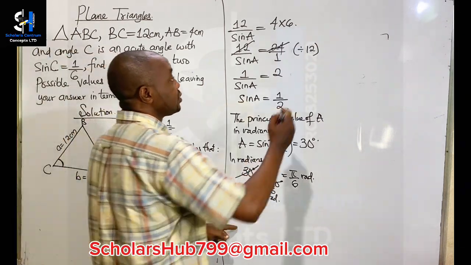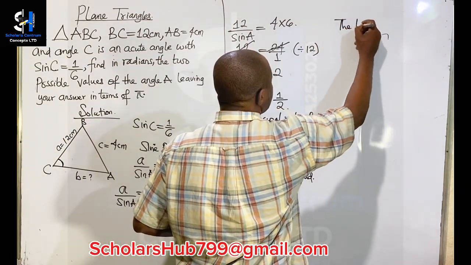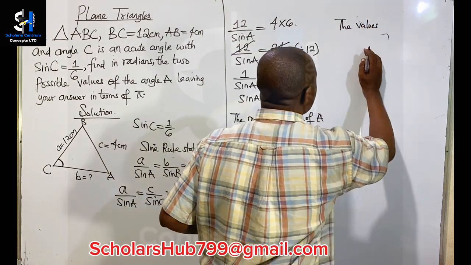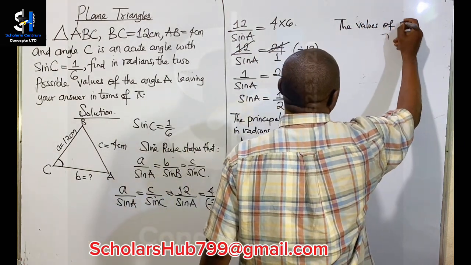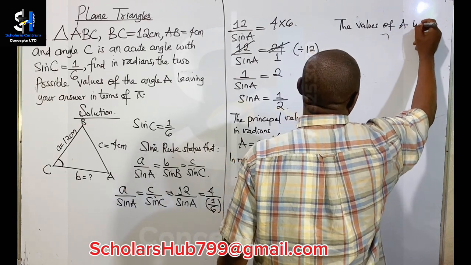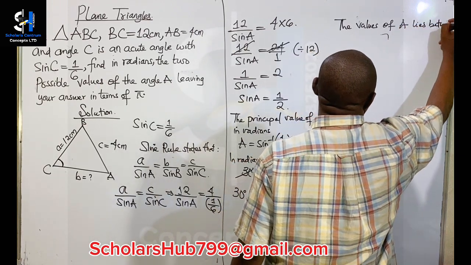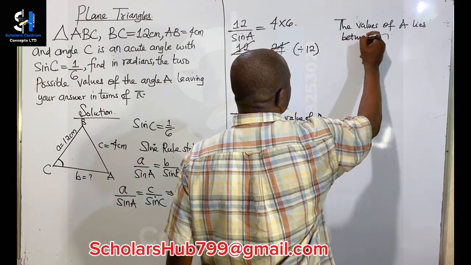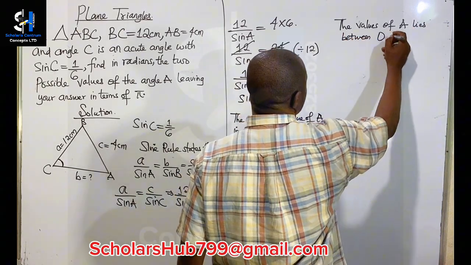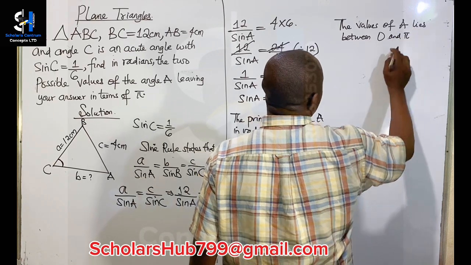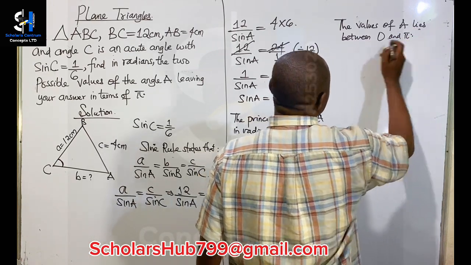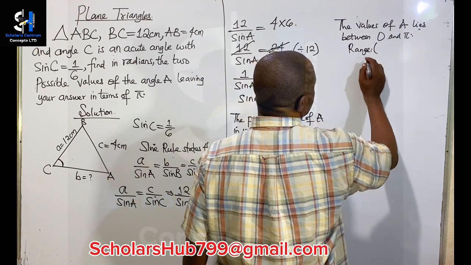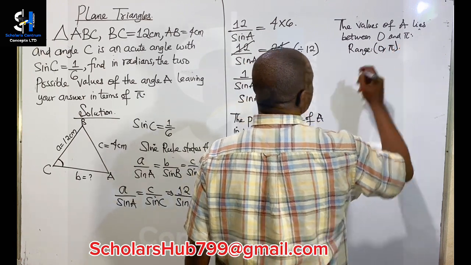Now remember I said the two possible values of A lie between 0 and pi, so we can set the range as 0 to pi.